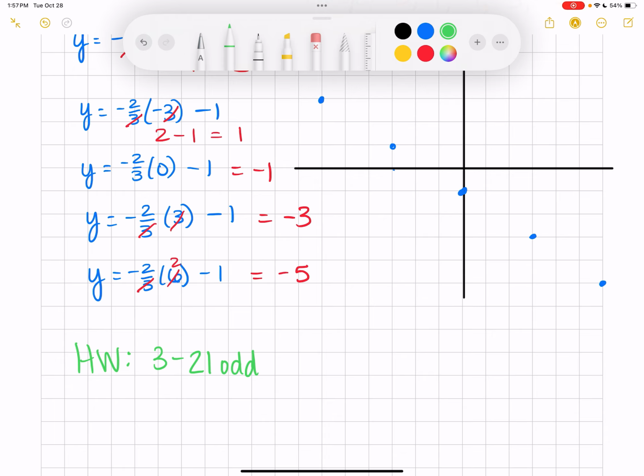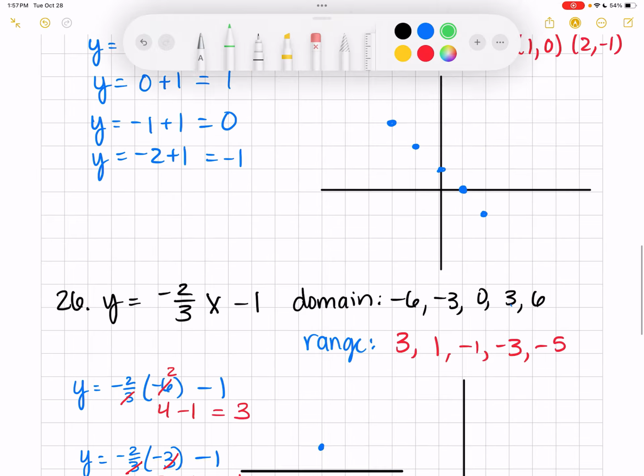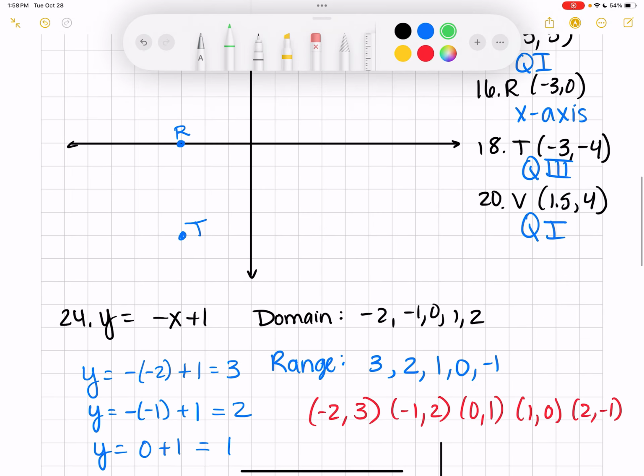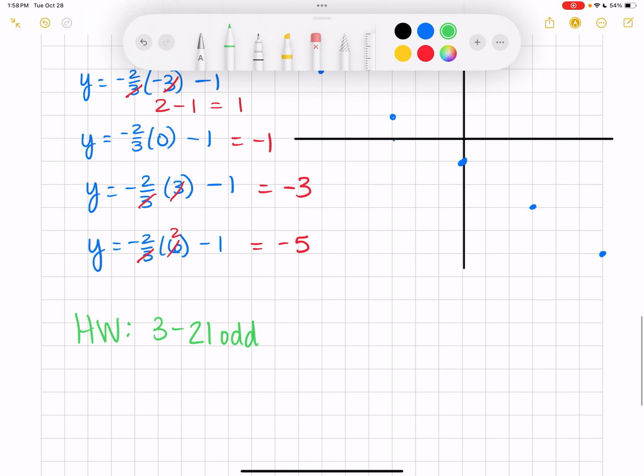But obviously, 14 through 21, those set of problems, you need to just do one graph with all the points on them, just how I did it, where I did the one graph up here, and I just said underneath each point or beside each point what the quadrant is. And then the last two problems are 25 and 27, which will be like the two we just finished up with. But you've got a little over 20 minutes. You should have plenty of time to knock that out.